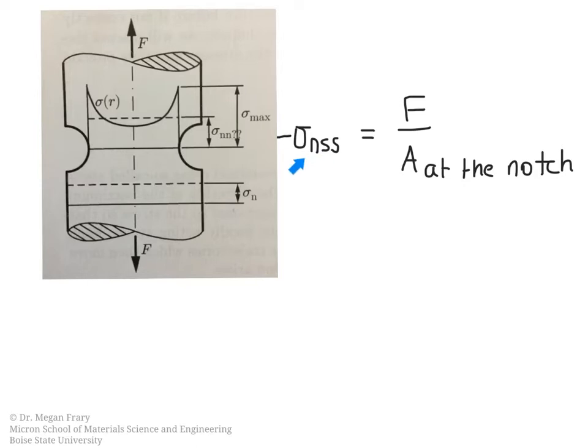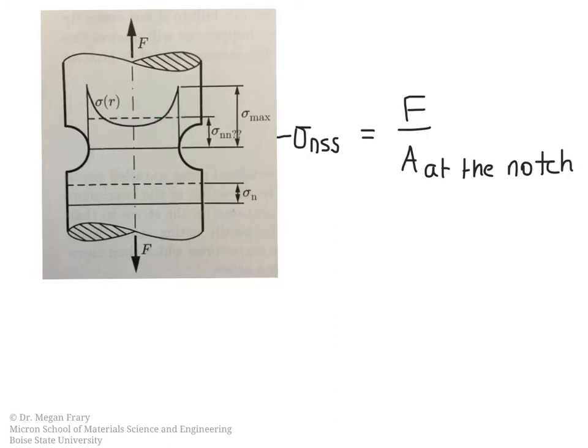That's the net section stress, and it's defined as the force that's being applied divided by the cross-sectional area at the notch. It's the stress essentially acting across this area, and we compare that to the sigma max. So how much is the stress elevated here as compared to at the center.